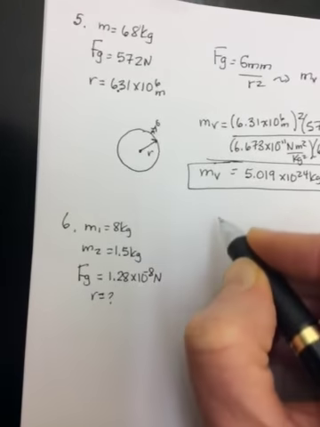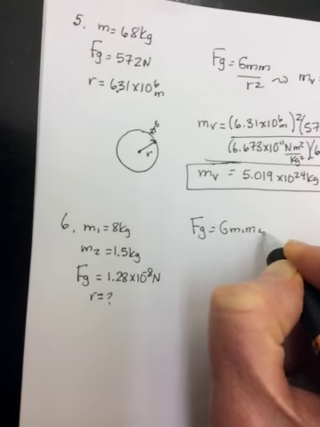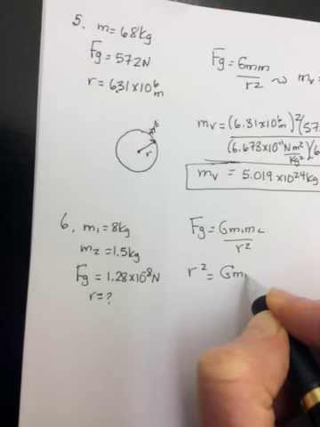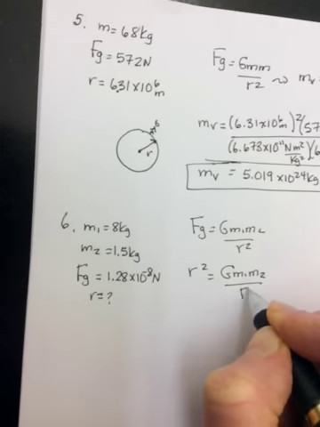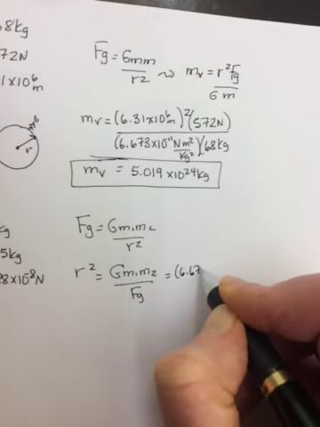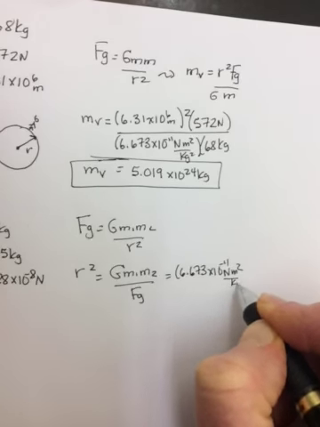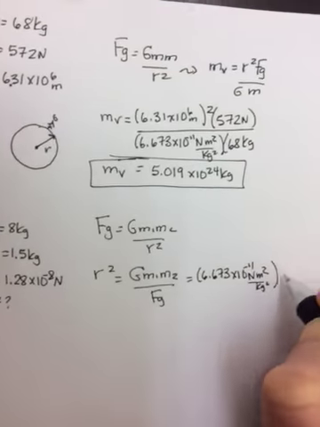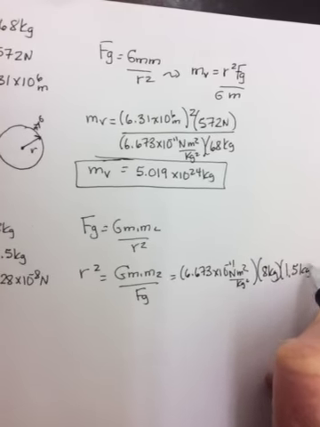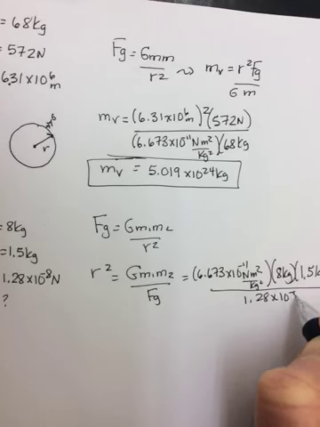So it's very similar to number 3. Fg is equal to G m1 m2 over r squared. So r squared is equal to G m1 m2 over Fg. So 6.673 times 10 to the negative 11 newton meters squared per kilogram squared, times 8 kilograms, times 1.5 kilograms, and then the force was 1.28 times 10 to the negative 8 newtons.